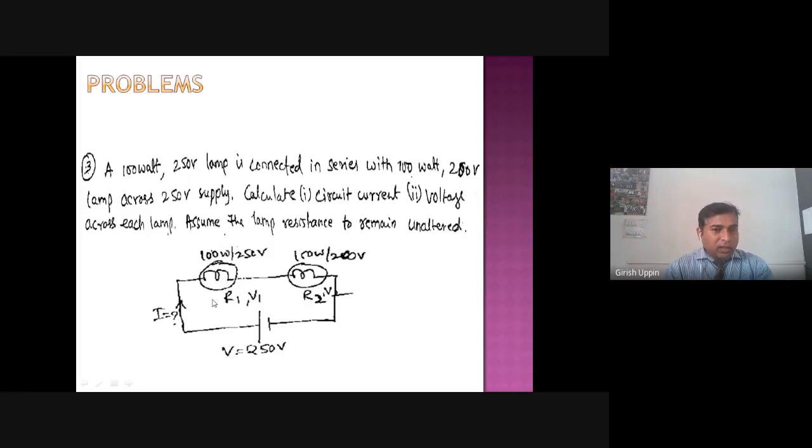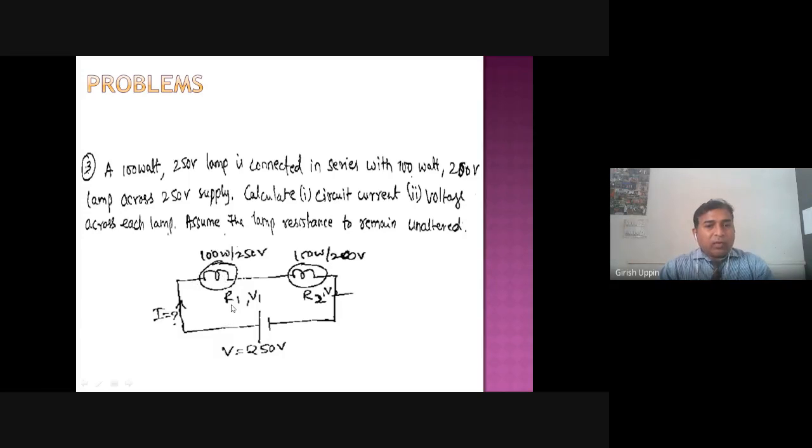So this one has resistance R1 and voltage V1, and this is R2, V2. Here you can say P1 is equal to V1 square divided by R1. So you can rephrase that as R is equal to V square by P. That is how you will find the resistance.